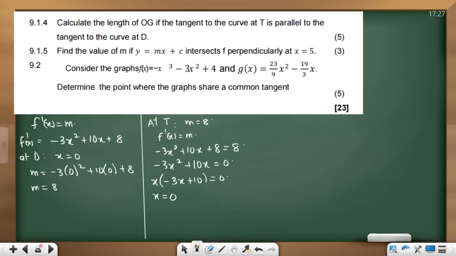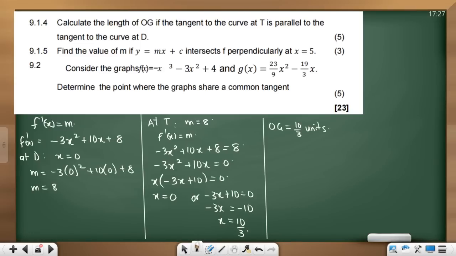Oh, x equals 0, which was the first one we got. That's our D. Or negative 3x plus 10, so negative 3x. And what is x? 10 over 3. I hope that makes sense. So I now know the length of OG. Straight, 10 over 3 units.